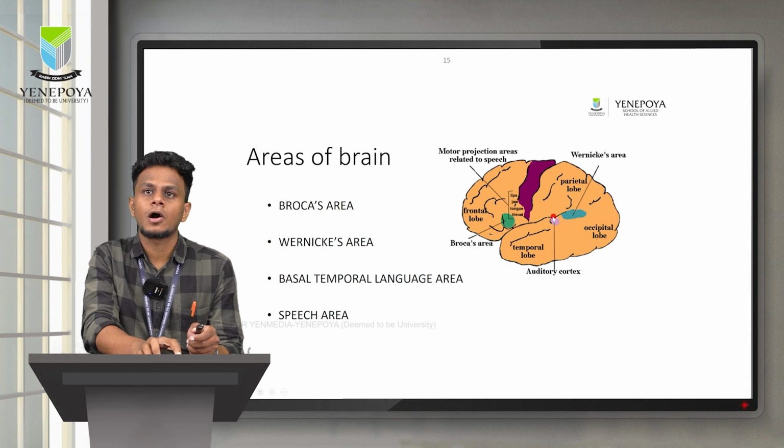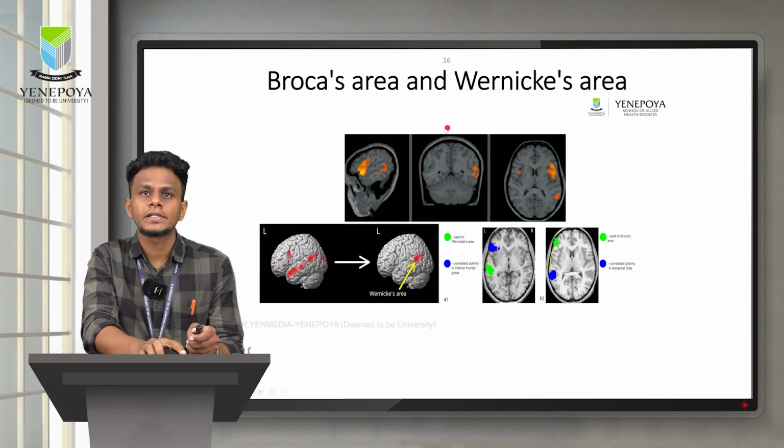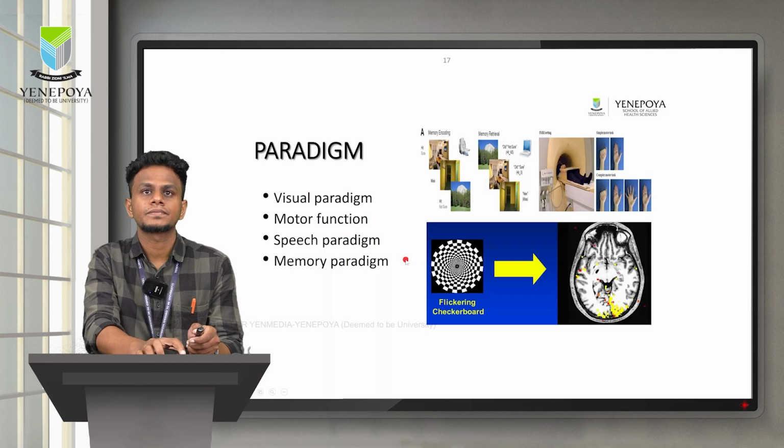This is your auditory cortex, and for language and the motor cortex, this particular area of the frontal lobe will be active. You can see this MR image synchronized with the activity, with the active areas of the brain shown on the normal MR images. This is your Wernicke's area, and this is your Broca's area. You can see over here.